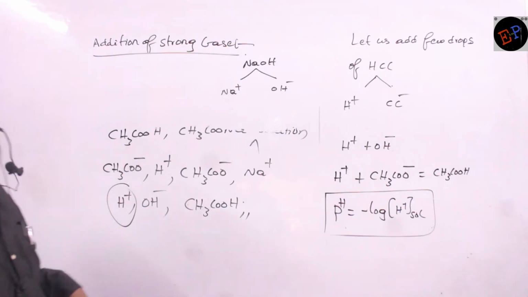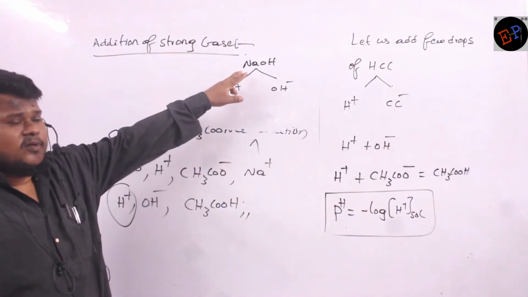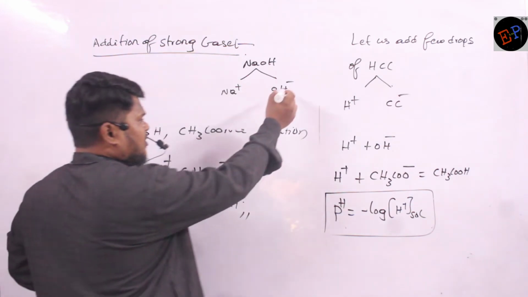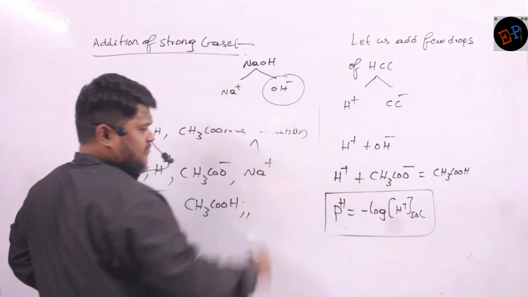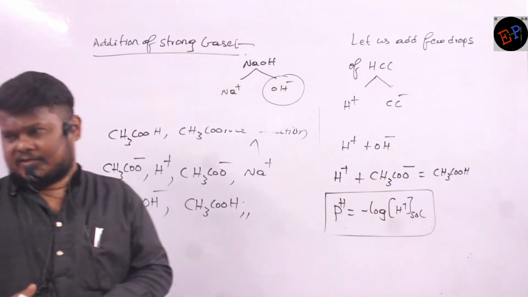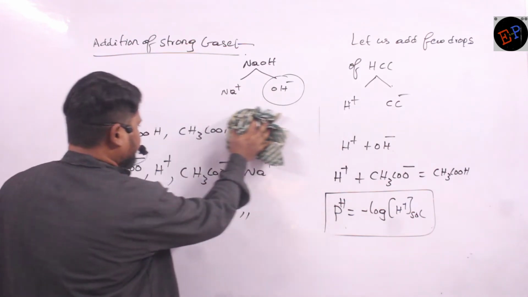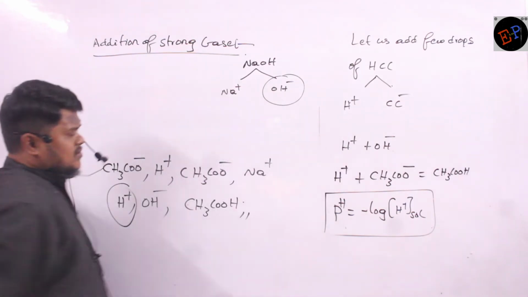So what happens? Immediately when you add NaOH, it splits into Na plus and OH minus. So the number of OH minus ions increases, and the basic nature increases. But I don't want the basic nature to increase. So what can be the possible reaction? OH minus reacts with H plus to form a water molecule. That is the only possibility.